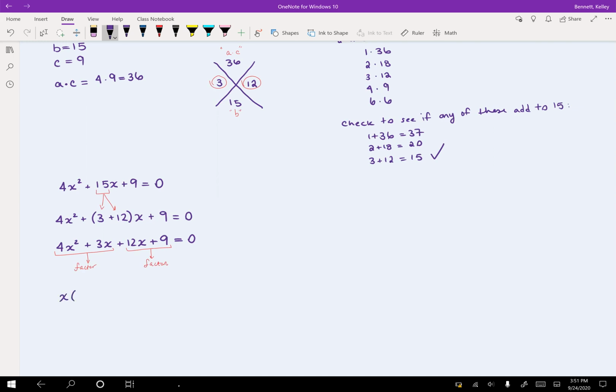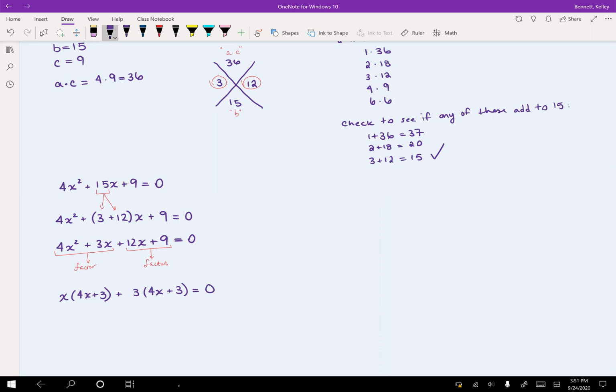So that's going to give me x times (4x plus 3). That was the first pair, plus, now I look at my 12x and my 9, and I think, what's common? What can I pull out from both of these? I could pull out a 3. If I pull out a 3 from 12x, that leaves me with 4x. And if I pull out a 3 from 9, that leaves me with 3.